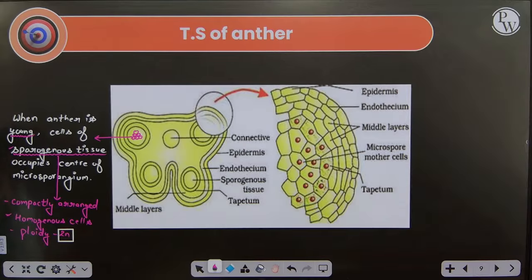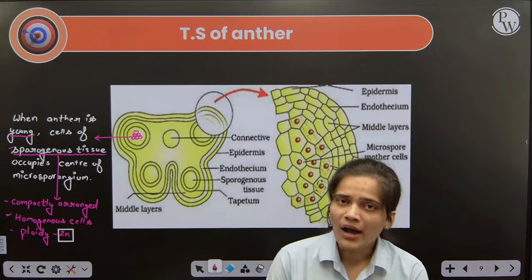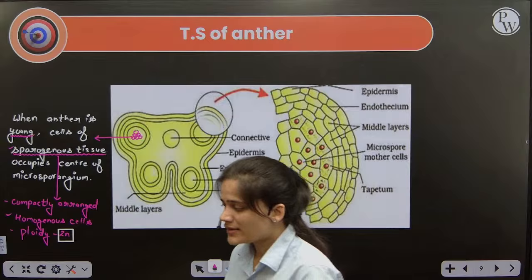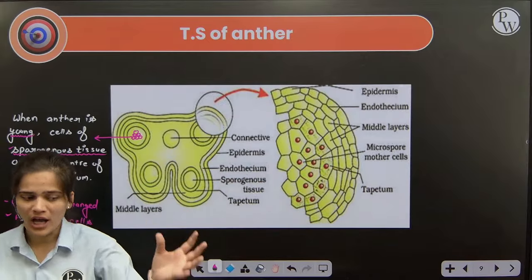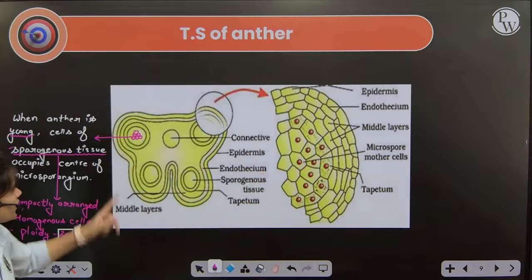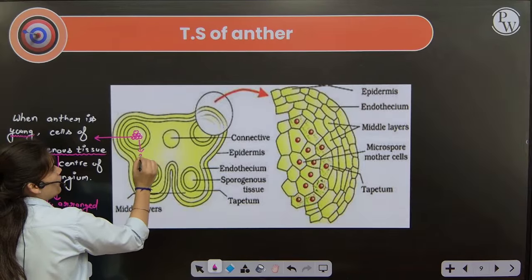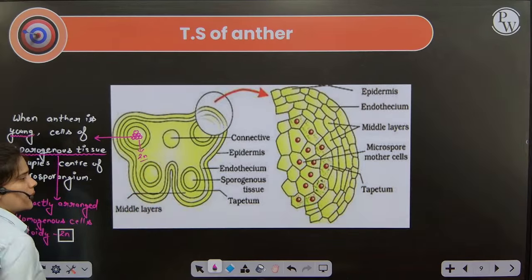What about the ploidy of these sporogenous tissue cells? As they are part of the male reproductive part stamen, and stamen is part of flower, flower is part of sporophyte, and we know that sporophyte is 2n. So these cells are also 2n diploid.